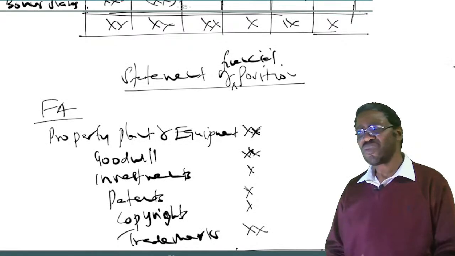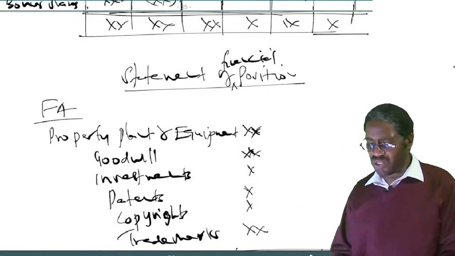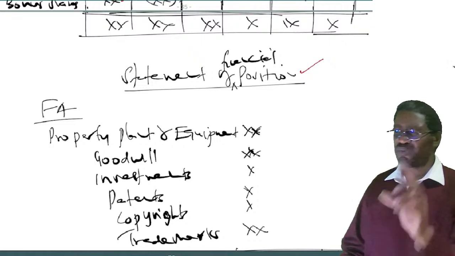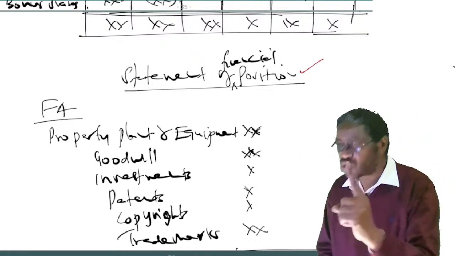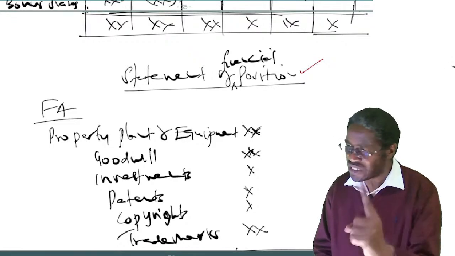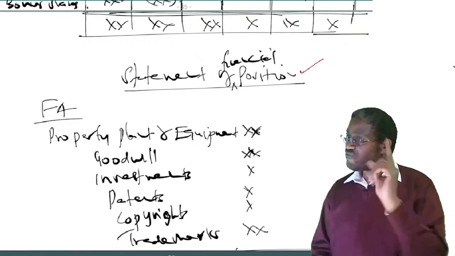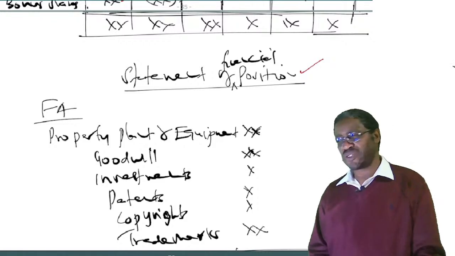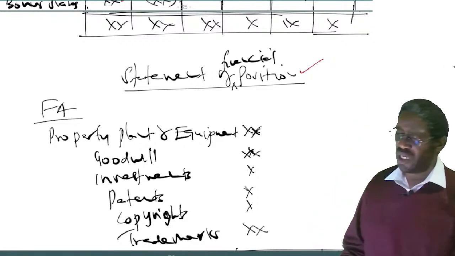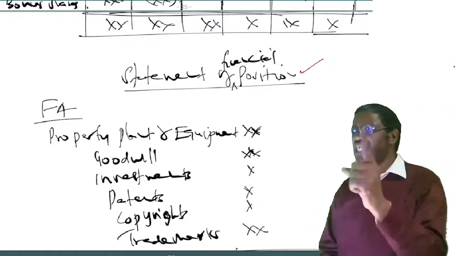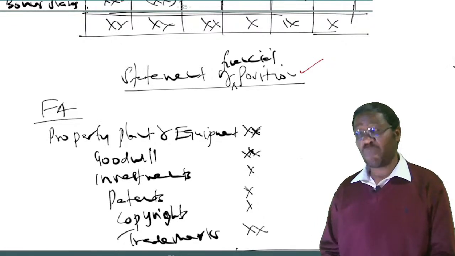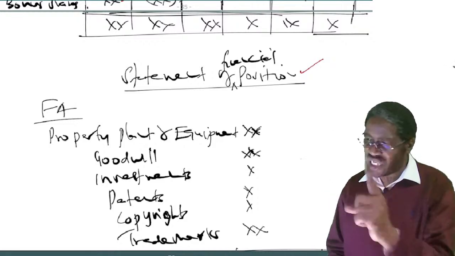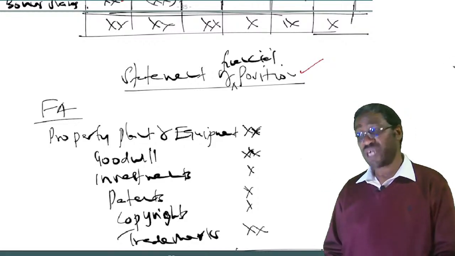Good. From there, we talked about how to prepare a statement of financial position for publication purposes, not for internal reporting. You also remember there was only one key important point when it comes to a balance sheet for publication.